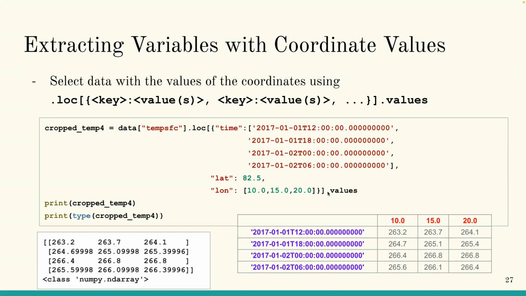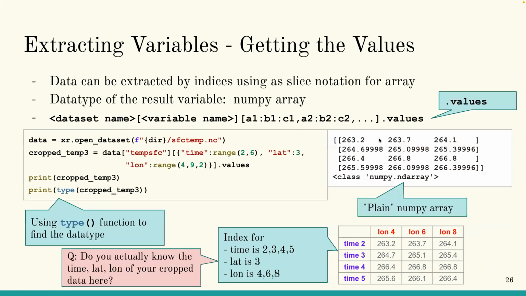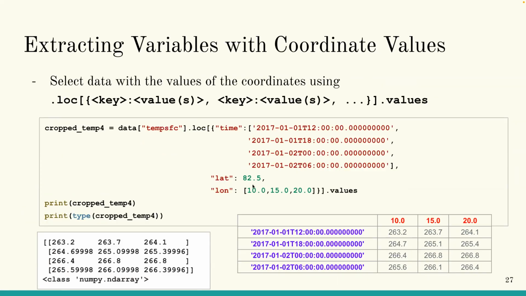And still you have to add .values to get the NumPy array. So the crop temp 4 here is giving you the NumPy array. It's exactly the same as the previous results, but it's no longer requiring you to input the indices. You just need to know the actual times, latitude and longitude.